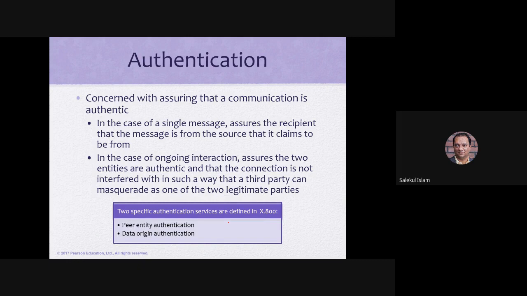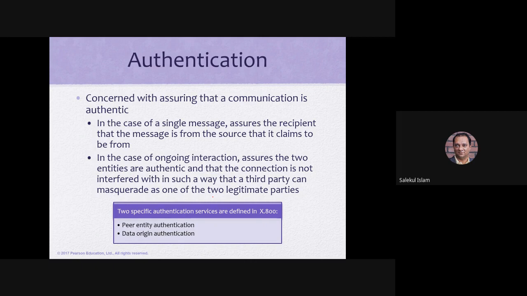So that is in case of a single message. But in case of ongoing interaction, we have to assure that two entities are authentic and the connection is not interfered with in such a way that a third party can masquerade as one of the two legitimate parties.